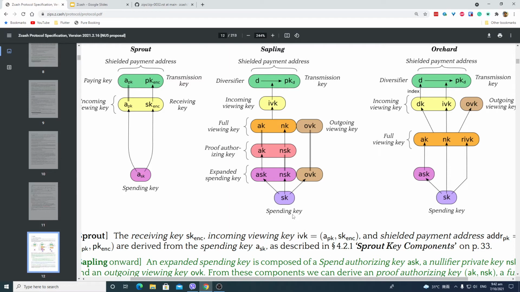So this one here, the spending key, sometimes is described as a secret key. You will see that when you export your secret key in a wallet, Zcash will have a form that's like secret key hyphen and then a bunch of letters and digits, right? So that's the way to write out this spending key, and that's why from that spending key you can derive all this stuff.